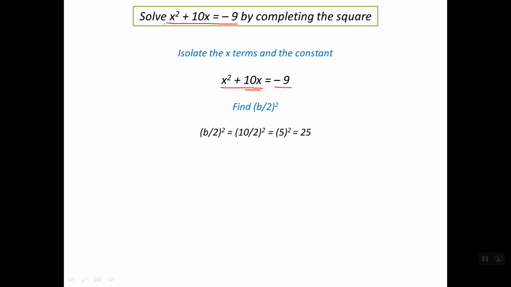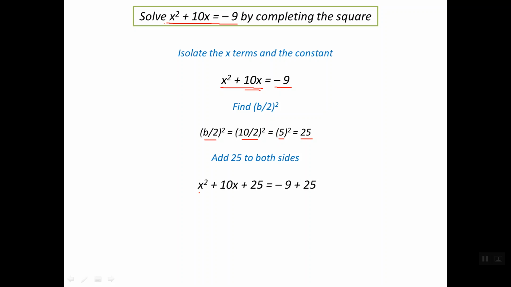So b over 2 squared is equal to 10 over 2 squared. 10 divided by 2 is 5, and 5 squared is 25. Now we add this value, 25, to both sides of the equation.